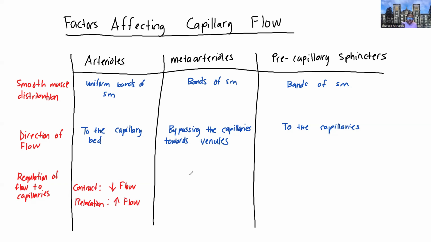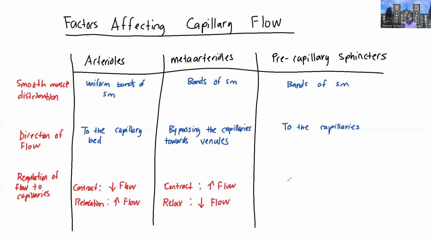However, at meta-arterioles, because this is bypassing or shunting, we're going to see the opposite. When we contract the meta-arteriole, we actually increase the flow. And then when we relax, that decreases flow, right? Because remember, it's bypassing or shunting.